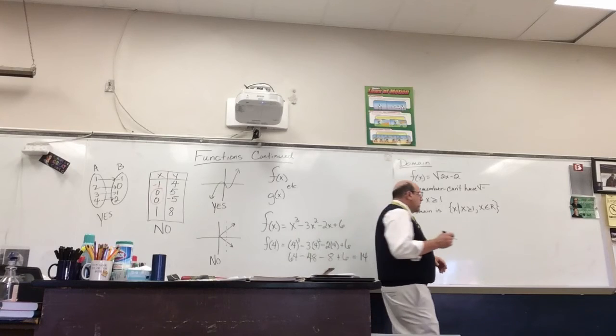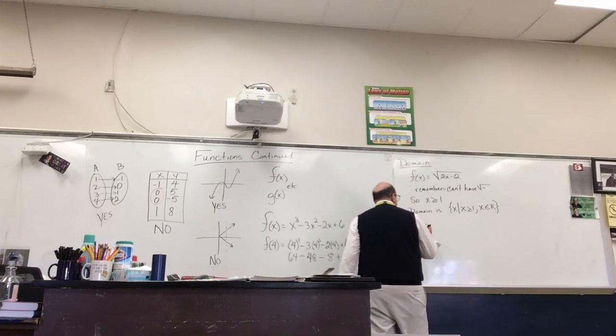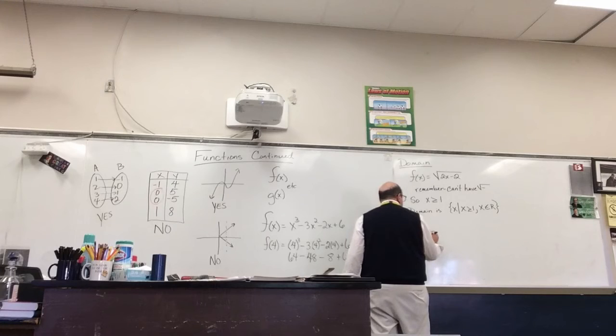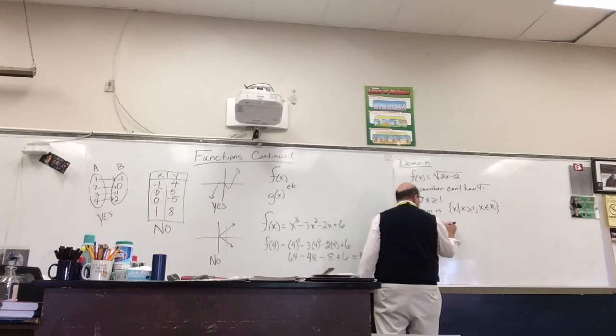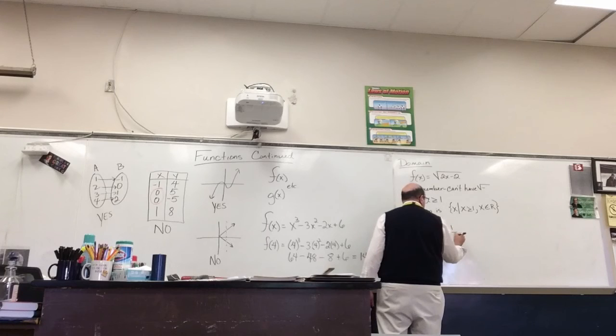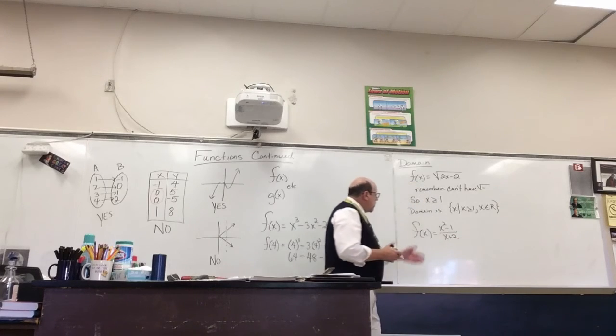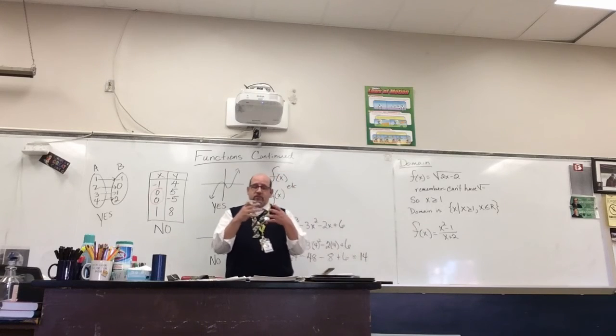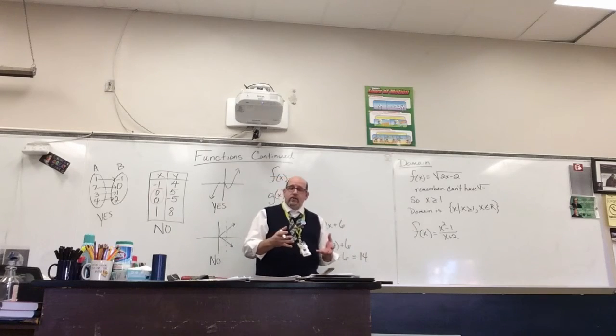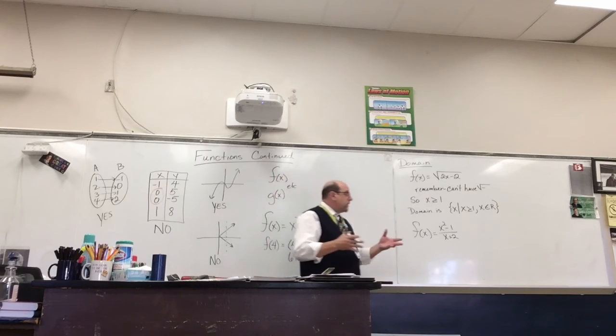The last one I want to talk about real briefly, and I'll make a real simple function here. Let's say a function of x is equal to x squared minus 1 over x plus 2. There's only one value right there that will give us 0 as a denominator.